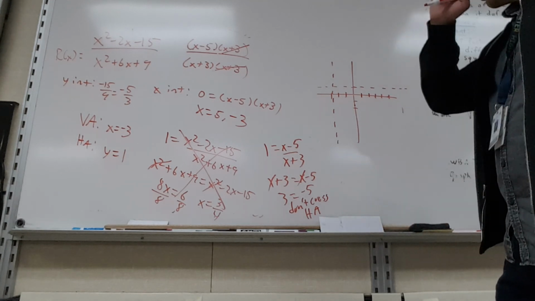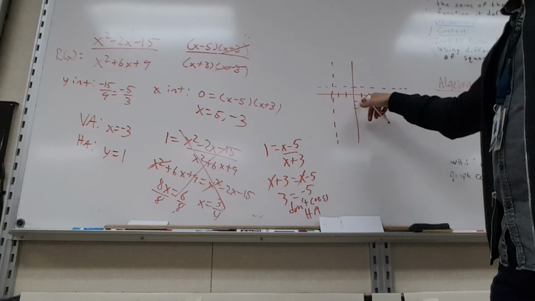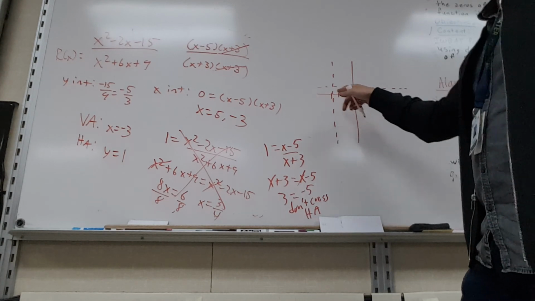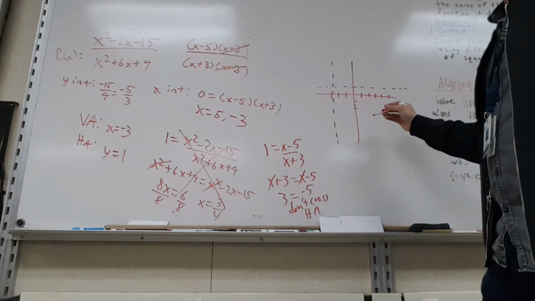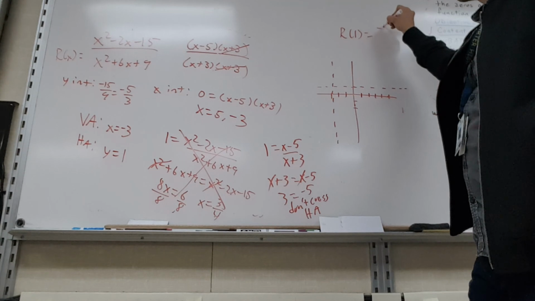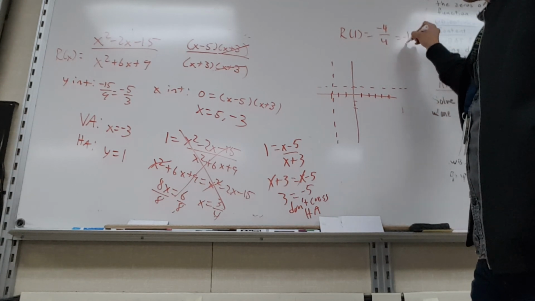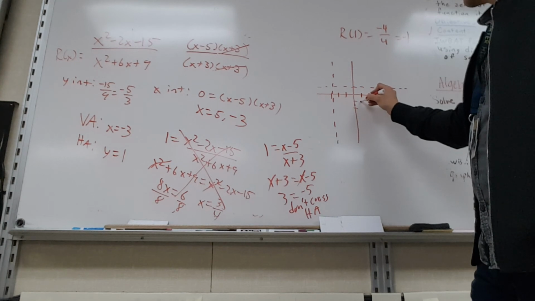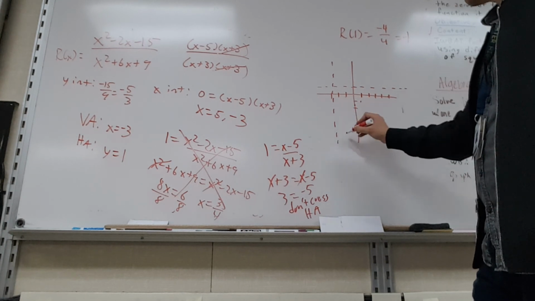So now, what I'm going to do is find test points. If I pick something like 1, I can put it into the simplified version. So r of 1 is equal to -4/4, which is -1. So good, at 1 you're at -1. So I can see my y-intercept there, my x-intercept is there.